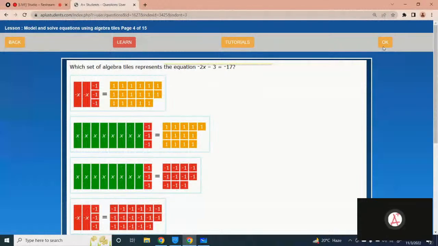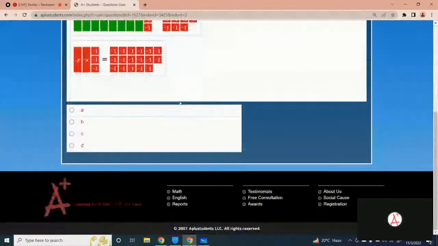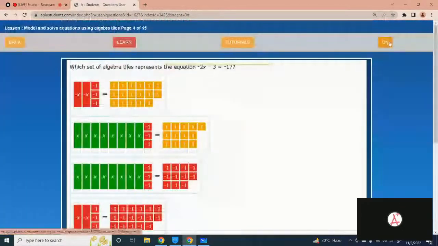So which option is the correct one? Yes, again the last one. Very good. All the tiles represented by red, yes, the last one. Option D is the correct one. Just select the correct option and then click on the OK button.